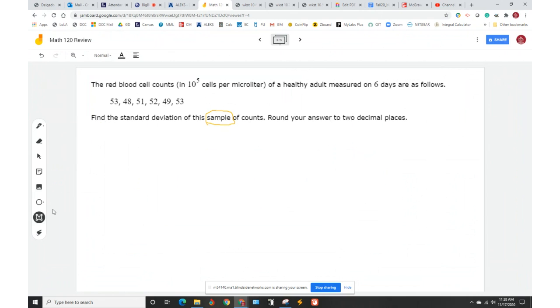Okay, so here's the difference, besides it just being a little bit, like I said, they usually call this S, so you can tell the difference.